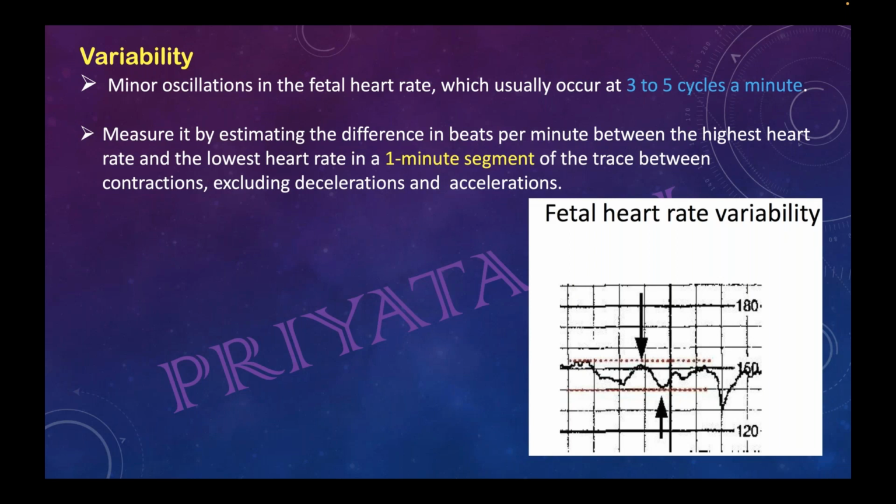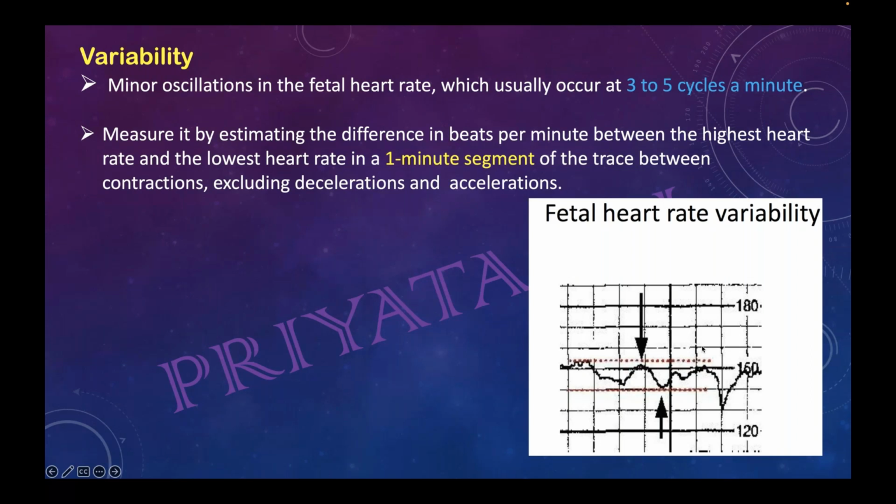If your basic parameters identification is right, the CTG becomes very easy then. This way of calculation, a 1 minute trace excluding acceleration and deceleration, you will use to calculate your variability. Is it clear? Variability calculation, I think it is clear. No one is asking question.